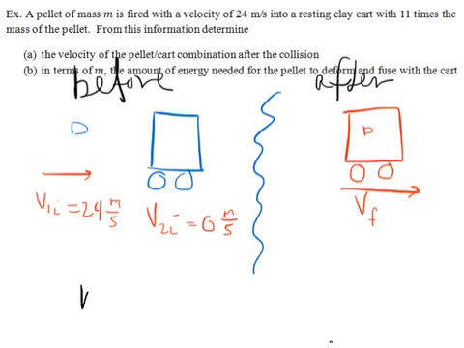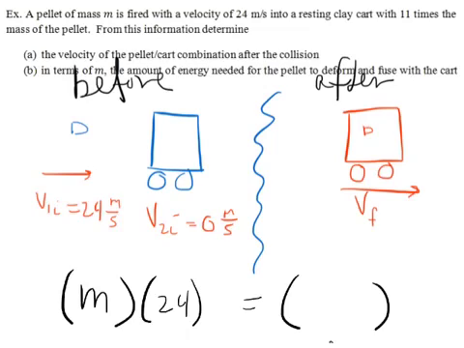So beforehand we have m, the mass of the pellet, times the velocity of the pellet. Do we have any momentum from the cart beforehand? No. Afterward, we have the lumped mass times Vf. How much is the mass of the pellet? Everybody, what is the mass of the pellet? What is the mass of the cart? 11. Together that makes up?